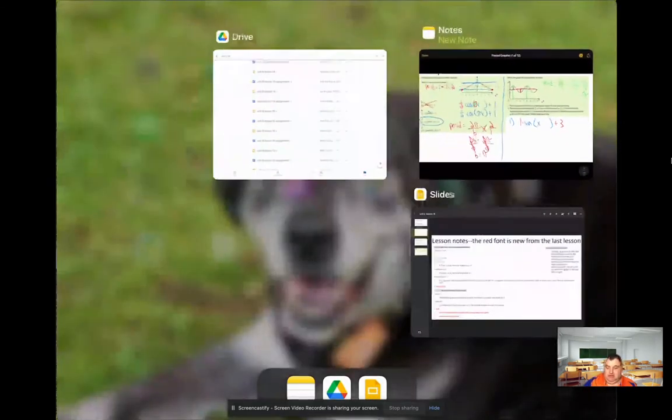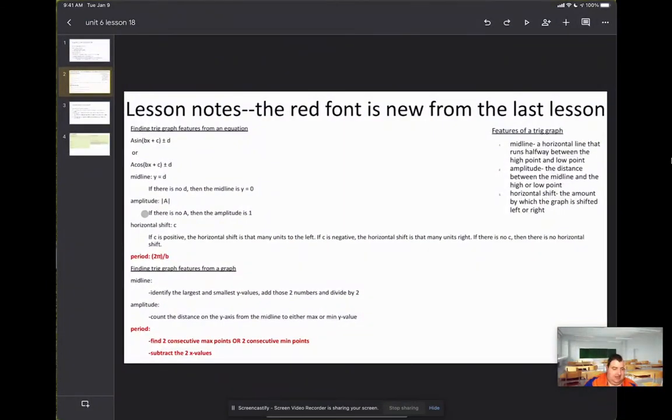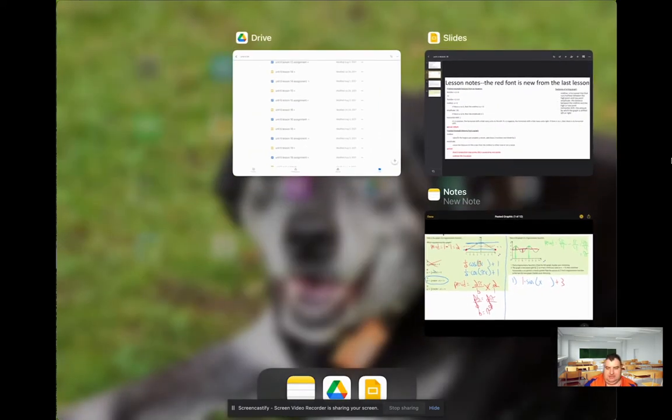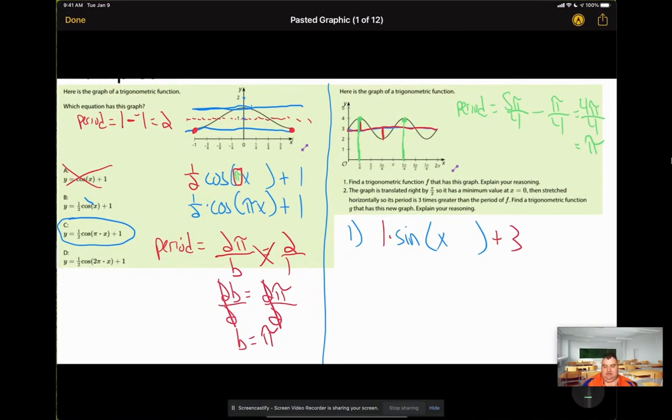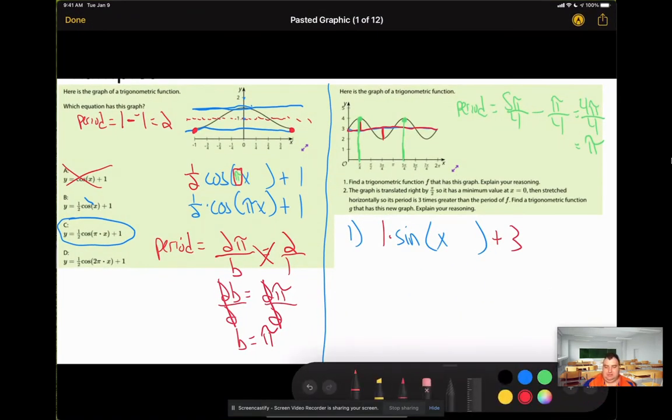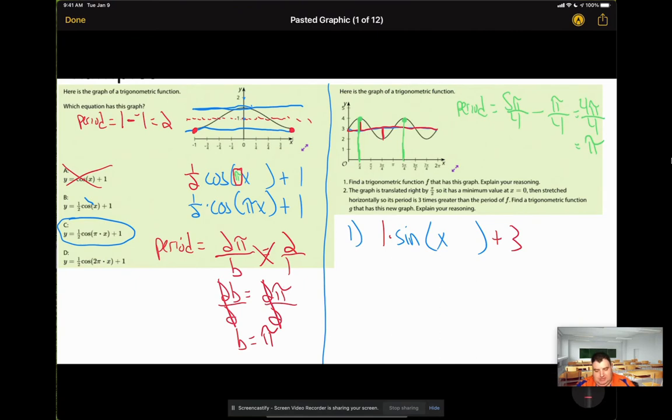So if my period is pi, then I could use that to figure out this b value right here. So I know that period is equal to 2 pi over b. So I'm going to set that equal to pi. All right, and I'm going to do the same thing that I did over here.